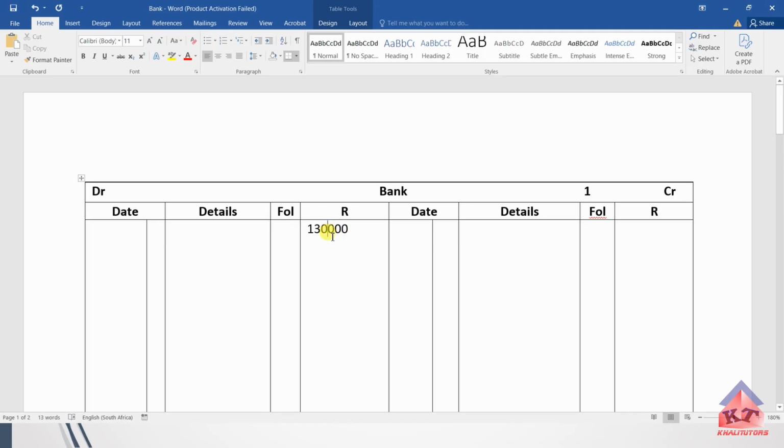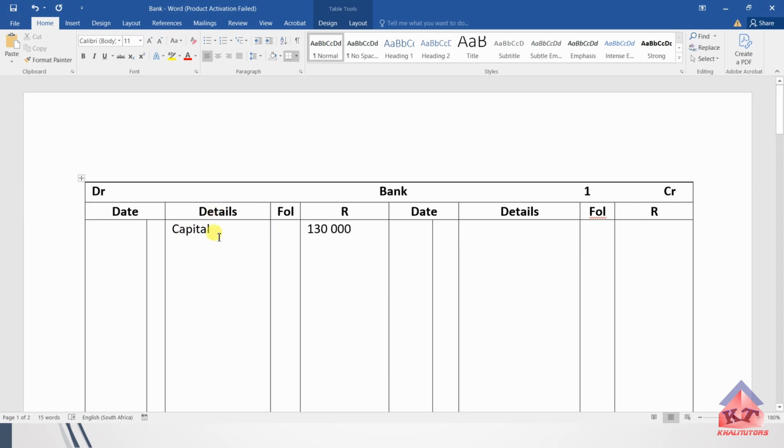Then you need to tell us which other account is going to be credited, since this one is debited. Remember, double entry. So you write here, the capital account is involved. Capital.